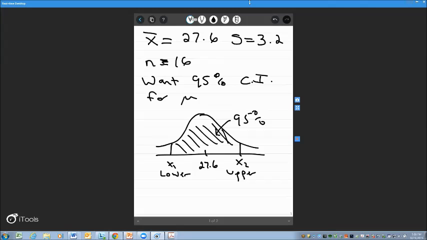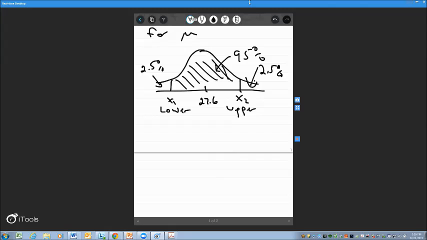Because I've got the middle 95%, that means I have 2.5% here and 2.5% there. So if I take a t distribution that is centered around 0, I want the value here that's t sub 0.025 with 15 degrees of freedom.